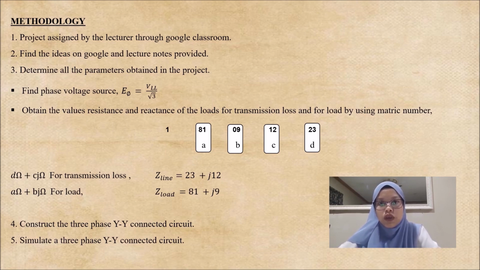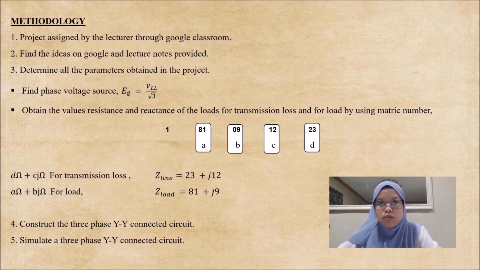Next, the values of resistance and reactance for the transmission line and for the load are obtained by using my matric number. Here, my matric number is 181091223.